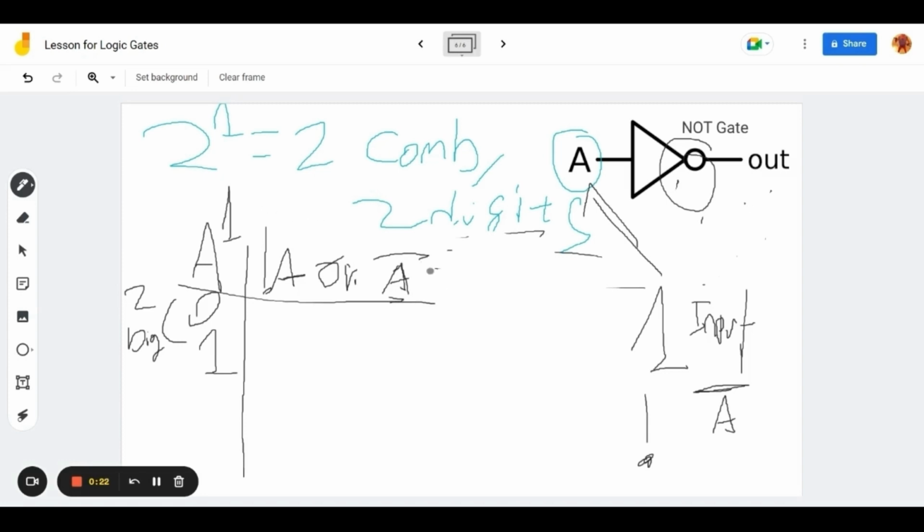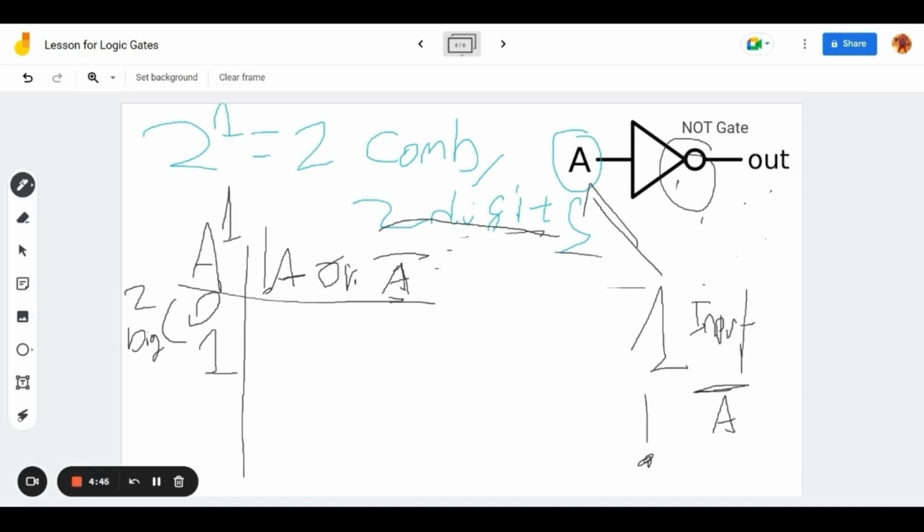This is what it would look like. Basically, what this gate does is it reverses the value. The A here would have a value of 0 and 1. Remember, as I said earlier, we're counting from 0 to whatever number there is, depending on the number of digits here.